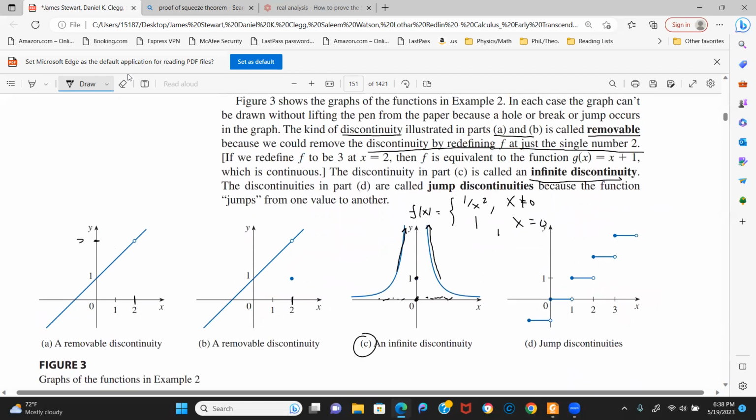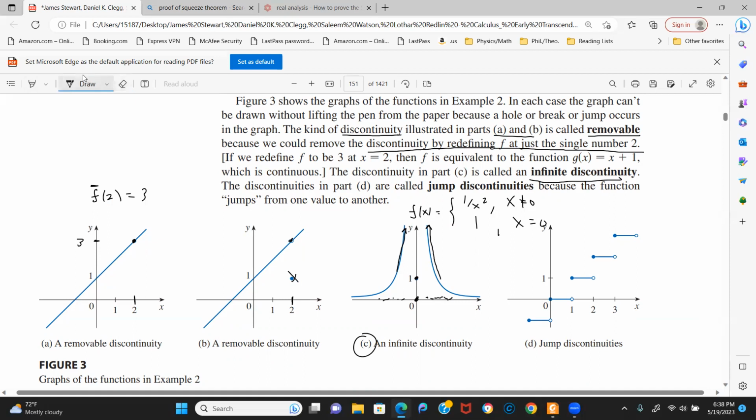Oh, it'd be 3. So you can redefine it so that f of 2 equals 3. Maybe you want to use a different symbol like f bar to technically distinguish it from the original function. So f bar of 2 is equal to 3, and you just fill in the gap, and you get rid of that circle right there. So removable discontinuity just means you can redefine the function.